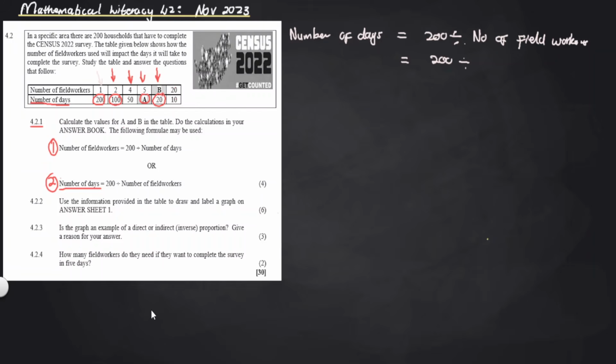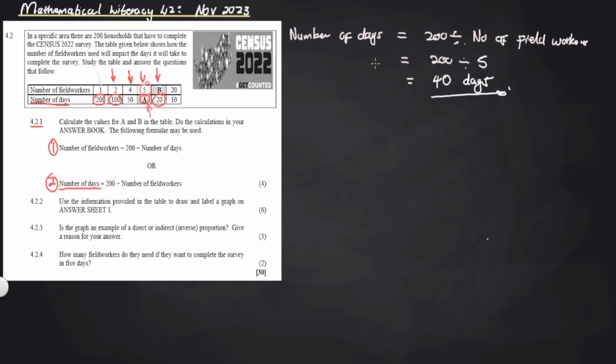We are trying to calculate A. Now, how many field workers do we have? 5 field workers. So we're going to use 5 field workers to calculate the number of days it takes to complete. So it's 200 divided by 5. That's 40. So it's going to take 40 days.